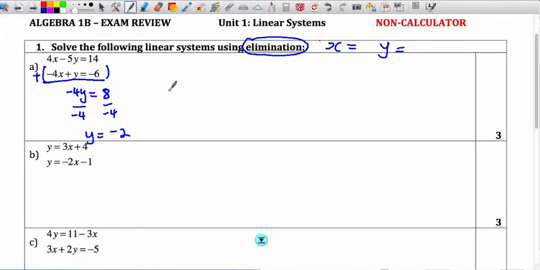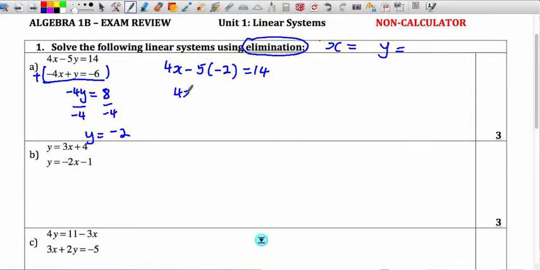The next thing I need is to substitute that back into either equation in order to find the corresponding x value. So I'm going to pick the first equation, 4x minus 5, sub in the value of minus 2 in the place of y, and I'm now left with a linear equation which I need to solve.